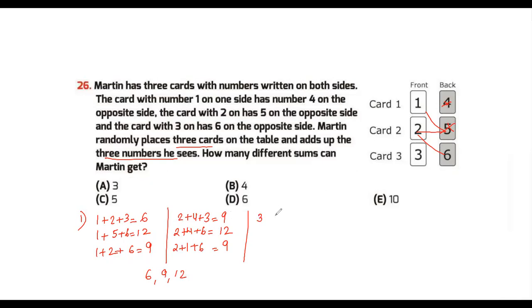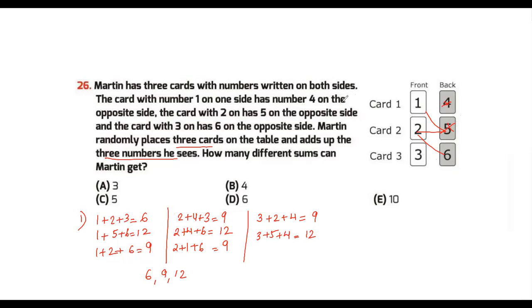Now let's just try with the 3. So we need not do 3 plus 2 plus 1 because we've already done 1 plus 2 plus 3. So what I can do, 3 plus 2 plus 4, which is again a 9. Or 3 plus 5 plus a 6. No, you cannot do a 6 with 3, so you can do 3 plus 5 and a 4, which will become a 12.